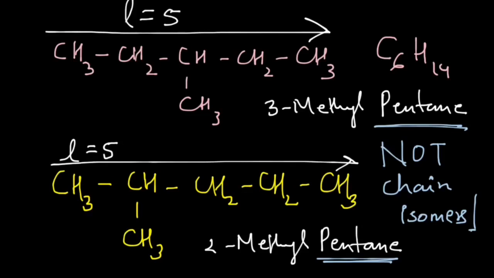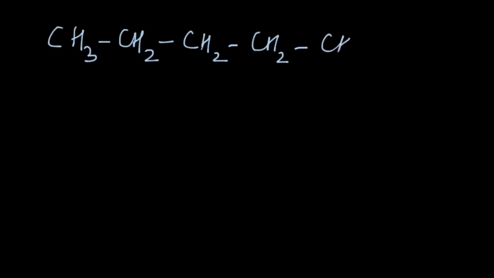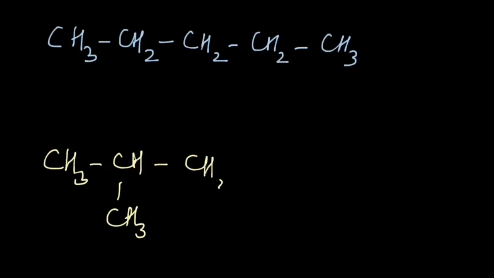Let's wind up by taking one more example. We can have CH3CH2CH2CH2CH3, and the other compound can be CH3CH(CH3)CH2CH3.